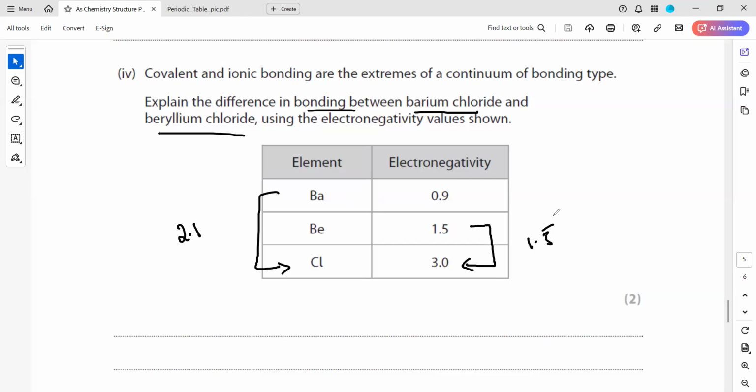Now when a compound is forming an ionic bond, there's a specific difference in electronegativity.